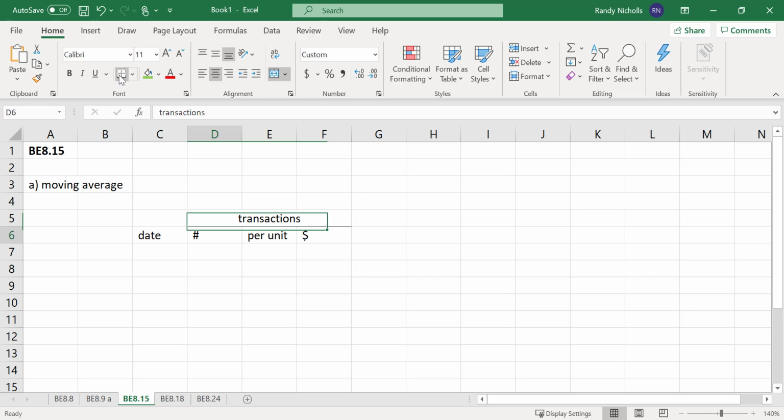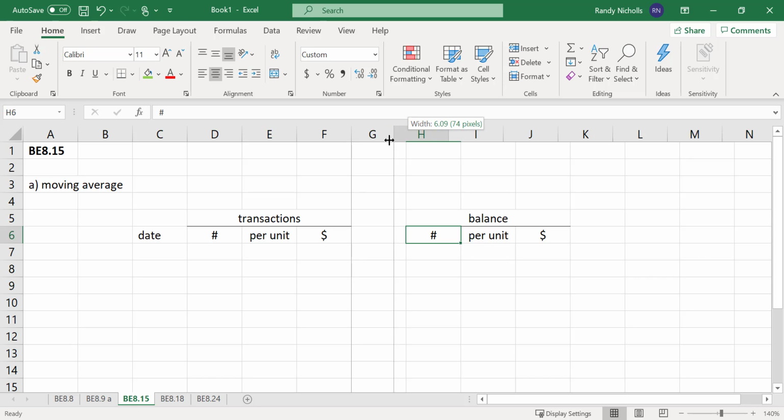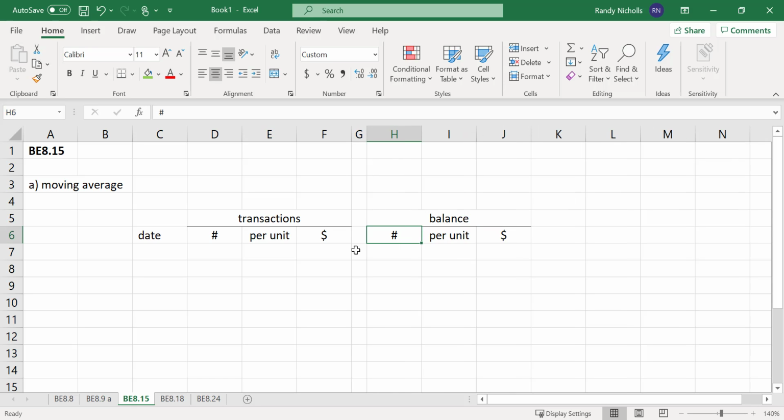I'll make this look a little prettier because I have time. And then I want to track the balances. Now you can track this however you want. I just find this to be a relatively easy way to do it.